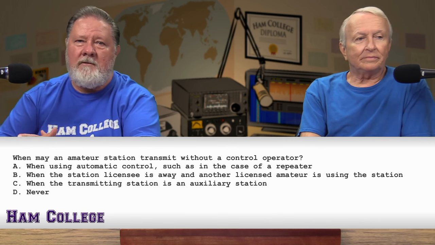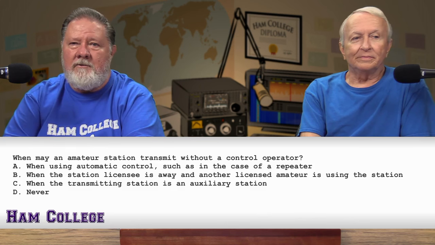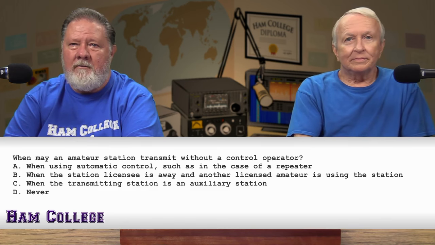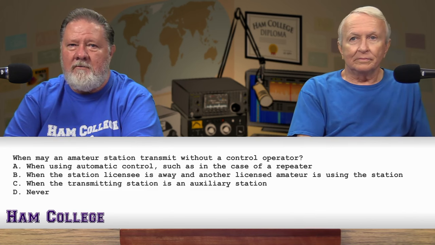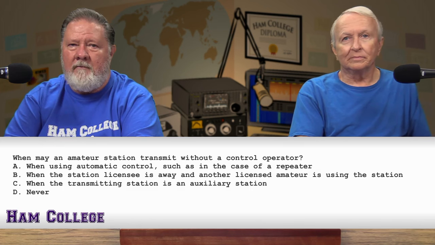This is kind of a little bit of a tricky one. When not using automatic control, such as in the case of a repeater. B, when the station licensee is away, it's not going to be B, because whoever's sitting there would be the control operator, I think. When the transmitting station is an auxiliary station. Or D, never.